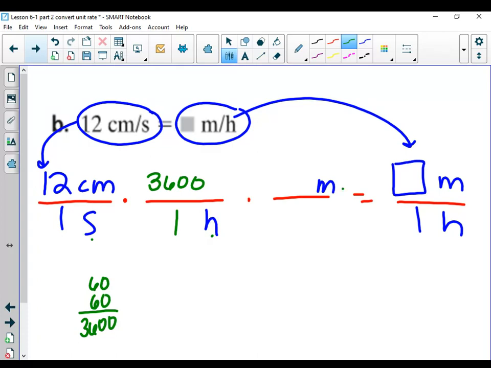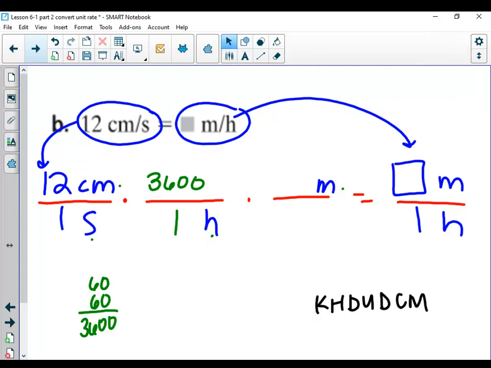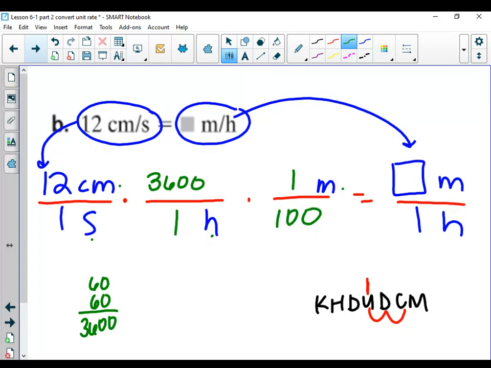What do I know about meters and centimeters? King Henry died unexpectedly drinking chocolate milk. What do I know about meters and centimeters? Looks like 1 meter is 100 centimeters.